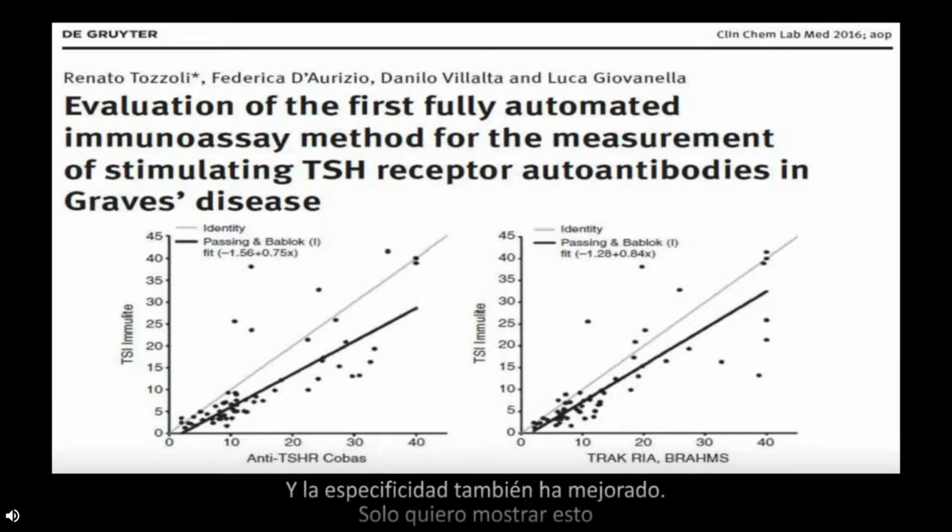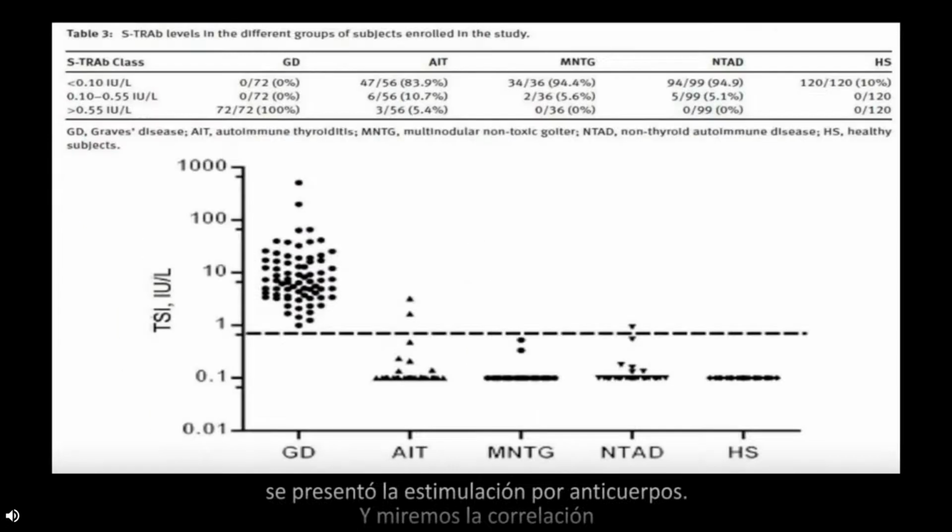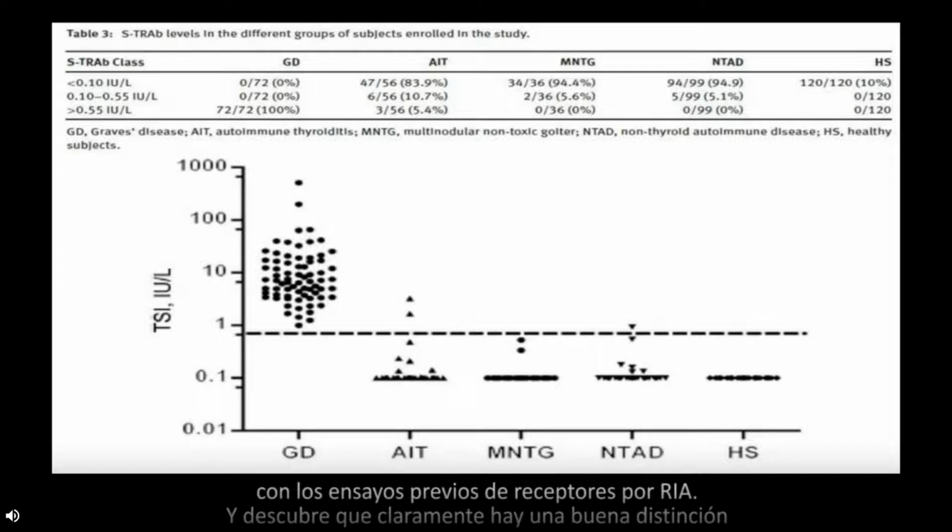I just want to show you this that came out a few years ago, where the Immulite assay for the stimulation antibodies was introduced. This is looking at the correlation with the previous radioreceptor assays.